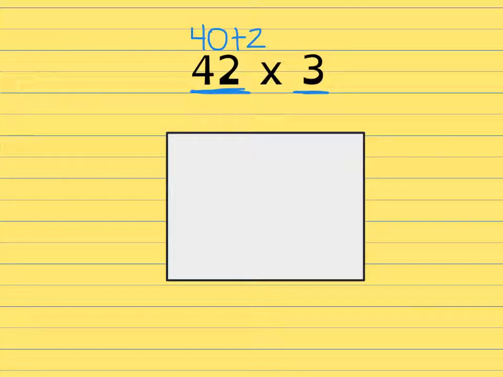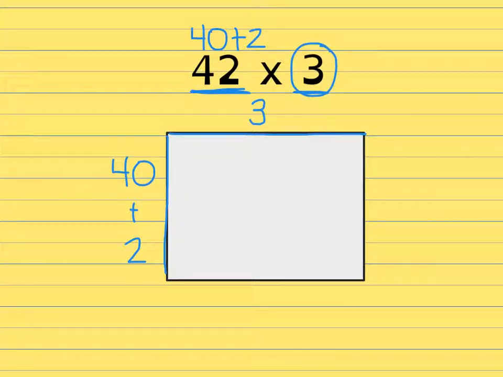Now that I've expanded my number out, I'm going to write it along one of the edges of my rectangle. Since I chose to write it horizontally last time, I'm going to write my 40 plus 2 vertically this time, just to show you that it can be done either way. I'm going to write my 40 plus my 2. Now I need to add my 3 across the top.